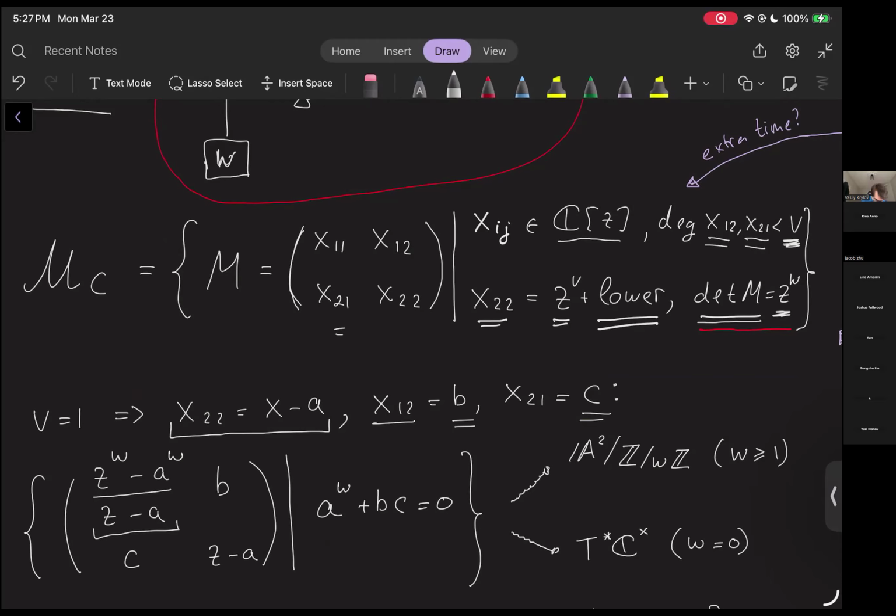And divisibility of this one by this one implies that a to the power b plus bc must be equal to 0. So in other words, we just see the Kleinian singularity in this case. This Coulomb branch is just a Kleinian singularity if W is greater than or equal to 1. And if W is 0, we will see T star C star.